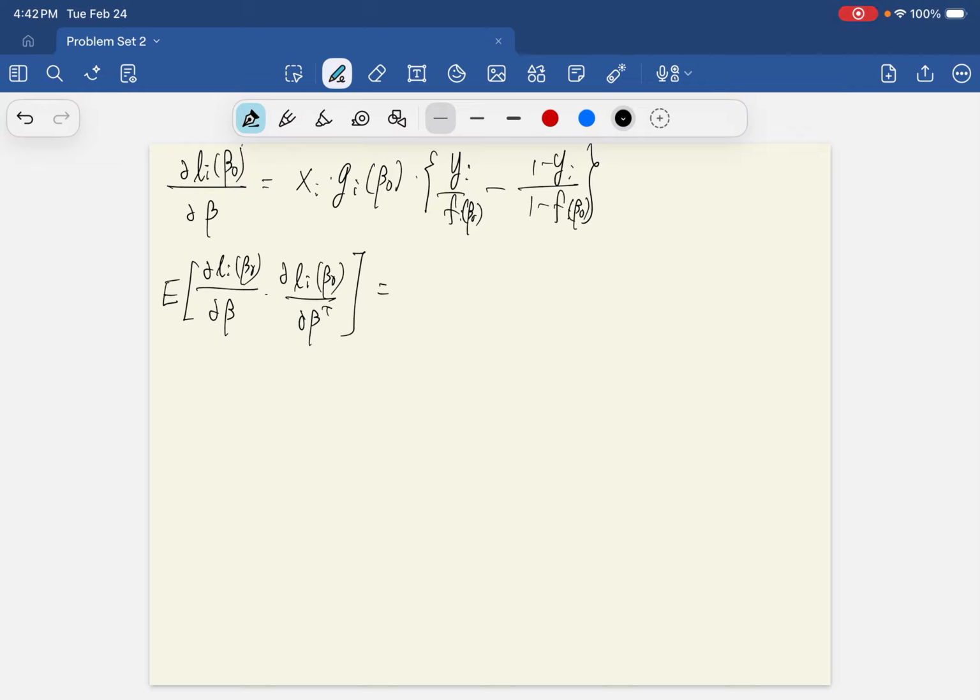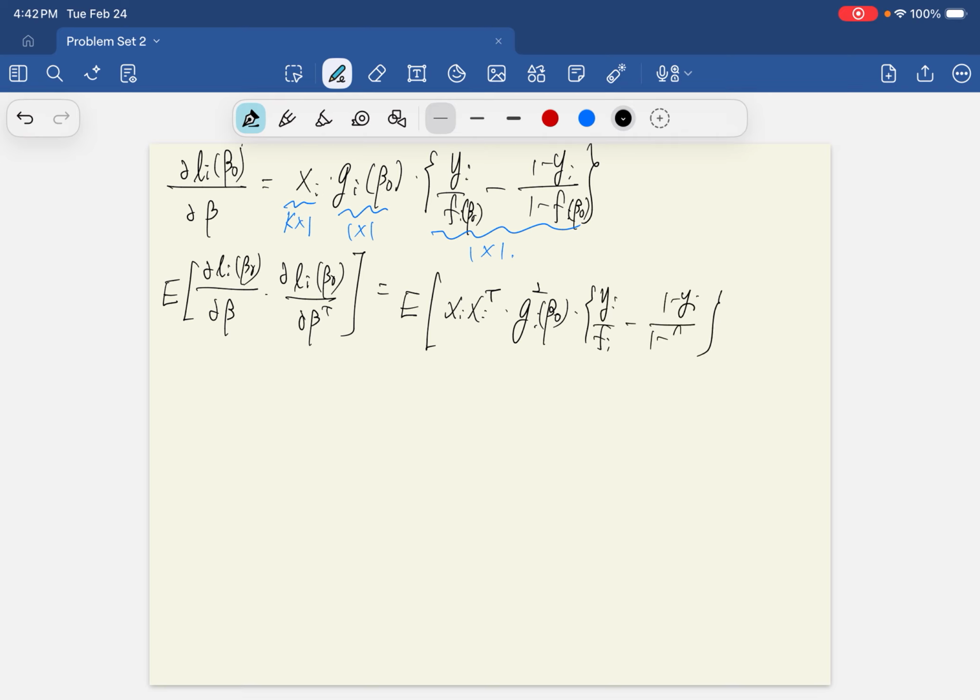Then you can write this as, by the way, this is k by 1 dimension, but this is 1 by 1 real number. This is also 1 by 1. So the dimension is pretty simple. It is xi transpose times gi beta 0 squared times all of these guys, yi over fi minus 1 minus yi over 1 minus fi squared.